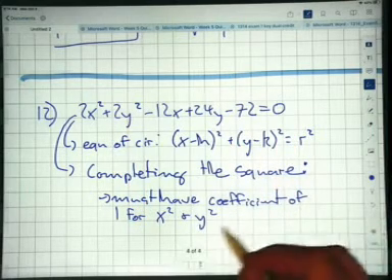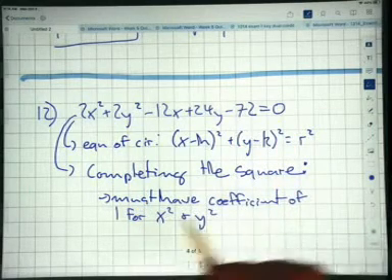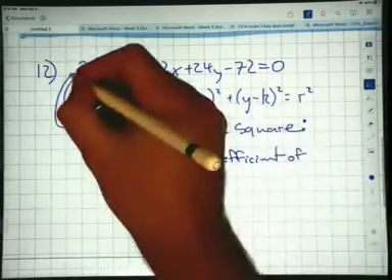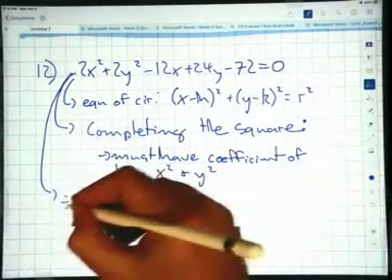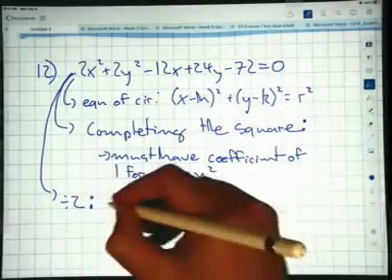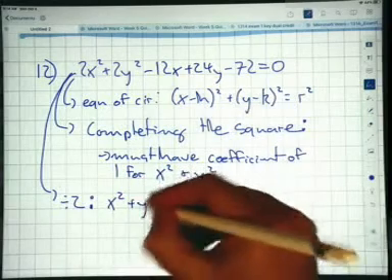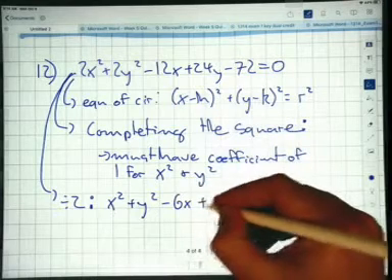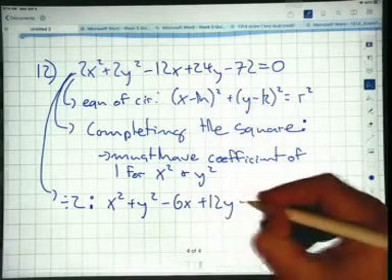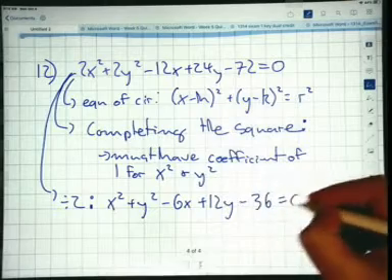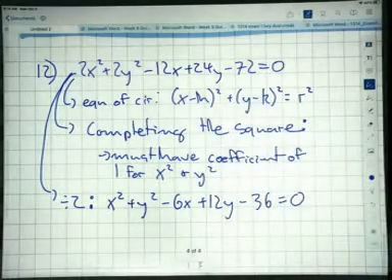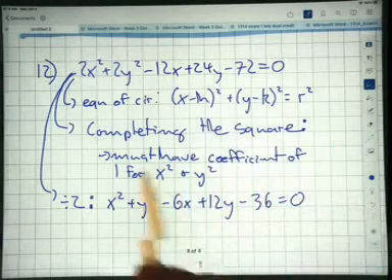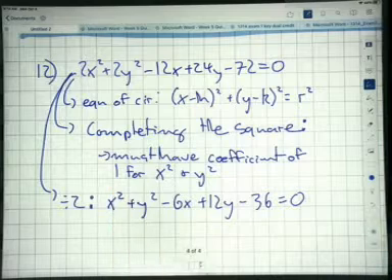So we need to divide this equation by 2. If I divide by 2, I get x squared plus y squared minus 6x plus 12y minus 36 is equal to 0. That's the first thing we want to do: divide by 2 to get that coefficient of 1.